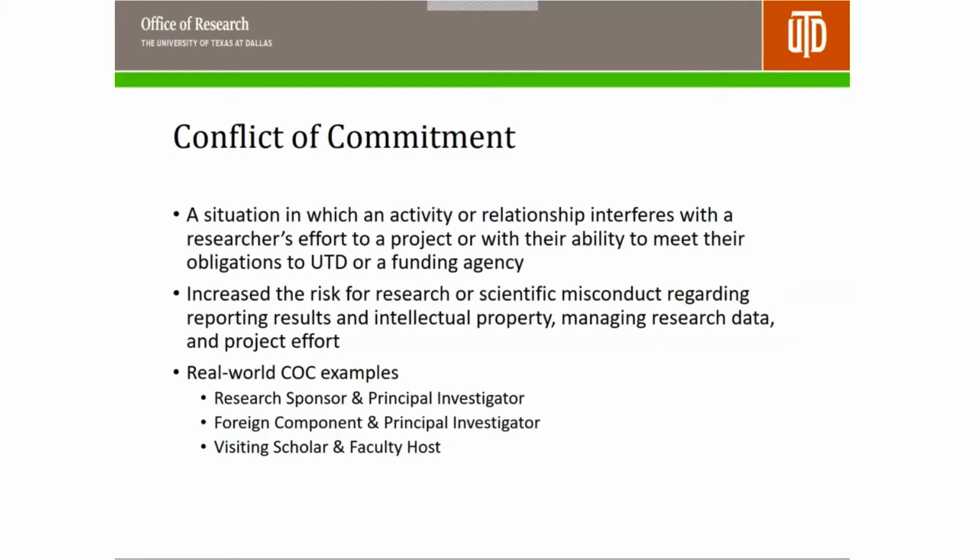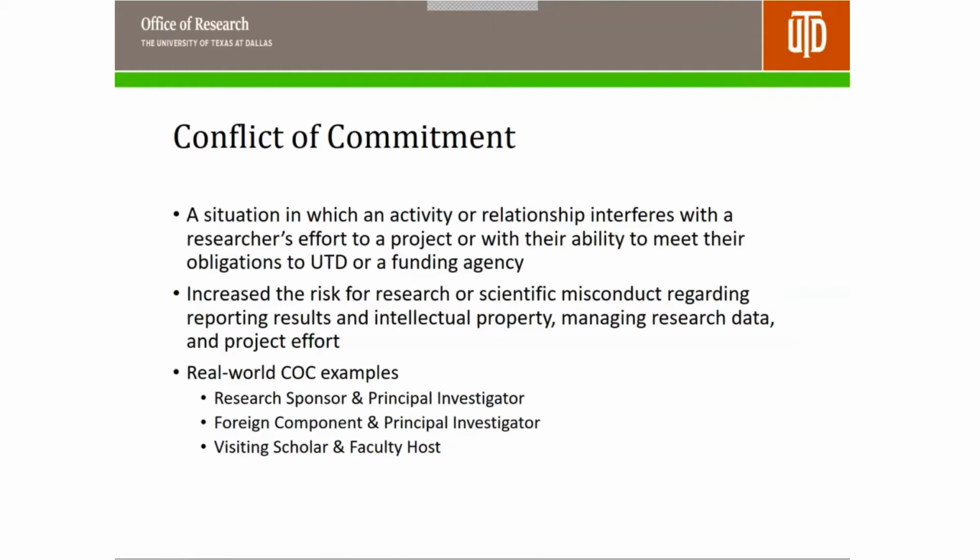Another example is a similar situation where a principal investigator hosts a visiting scholar from another country, and that visiting scholar participates in federally funded research and has access to the data from the project. If that person wasn't originally part of the project plan, but is making contributions in a way where they would be considered a co-author, our obligations to the NIH, even though that person is not our employee, need to be conveyed to that visiting scholar.